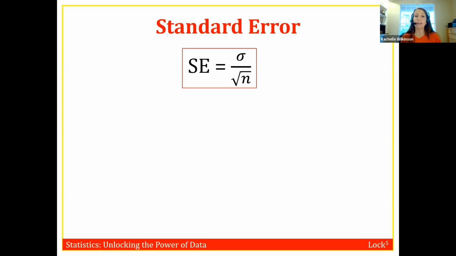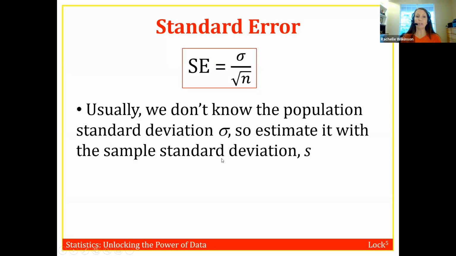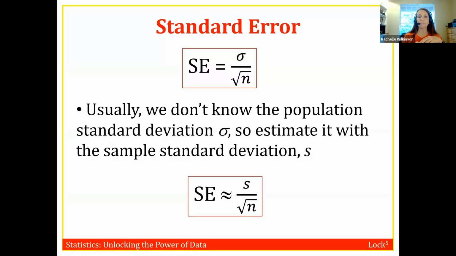So instead, we're going to have to use something from our sample to estimate what that population standard deviation is. And we know that the best estimate for a parameter is the sample statistic. So if our parameter is sigma, then our sample statistic, our best estimate, would be S. So we can use S to estimate sigma in order to find the standard error of our sampling distribution.